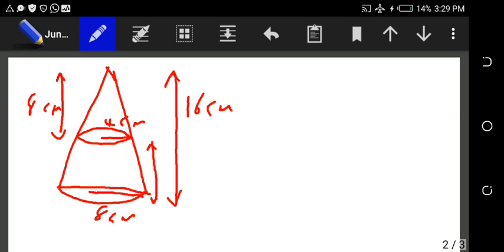When we subtract them, we are left with the volume of the frustum.